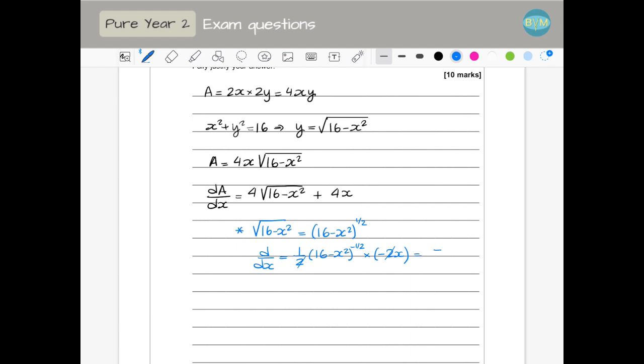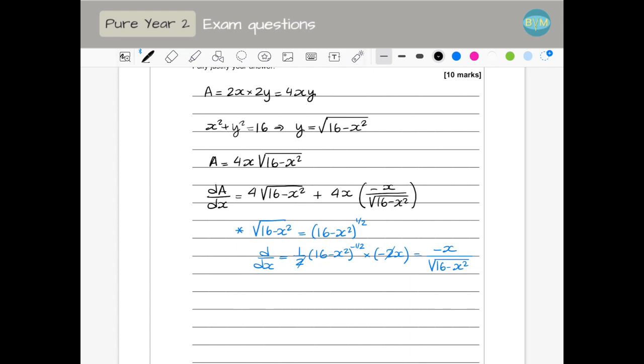So I have minus x in the numerator and root of 16 minus x squared in the denominator. That's the derivative of this function, and that's what I'm going to multiply here. So I leave this one and multiply by the derivative of that one. So I have to multiply by minus x over the square root of 16 minus x squared.